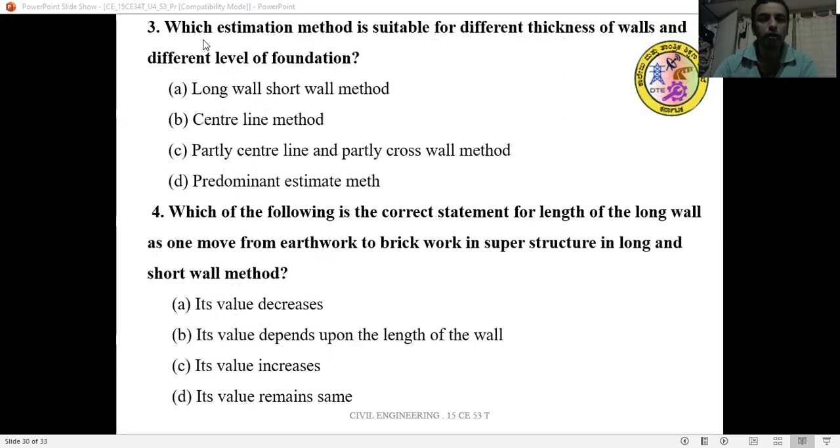Next, third one. Which estimation method is suitable for different thickness of wall and different level of foundation? A. Long wall short wall method. B. Centerline method. C. Partially centerline and partially cross wall method. D. Predominant estimate method.